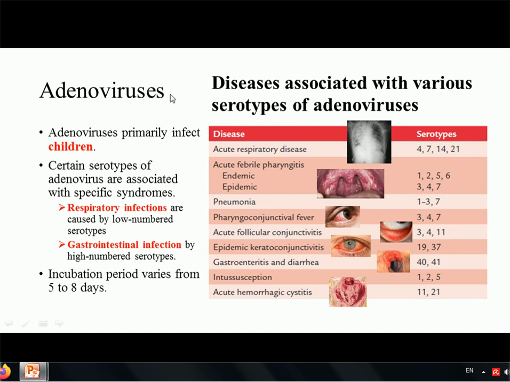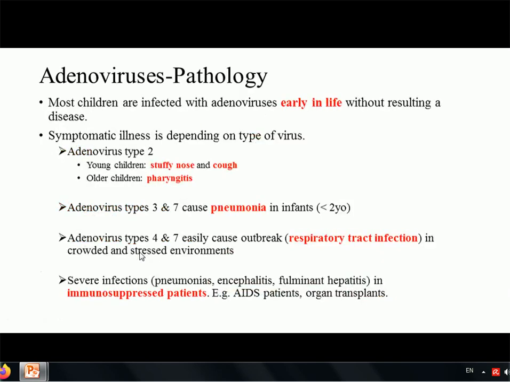Adenovirus primarily infects children, and certain serotypes are also associated with other diseases like respiratory infection and gastrointestinal infection. In terms of pathology, most children are infected with adenoviruses early in life without resulting in disease. Symptomatic illness depends on the type of virus.